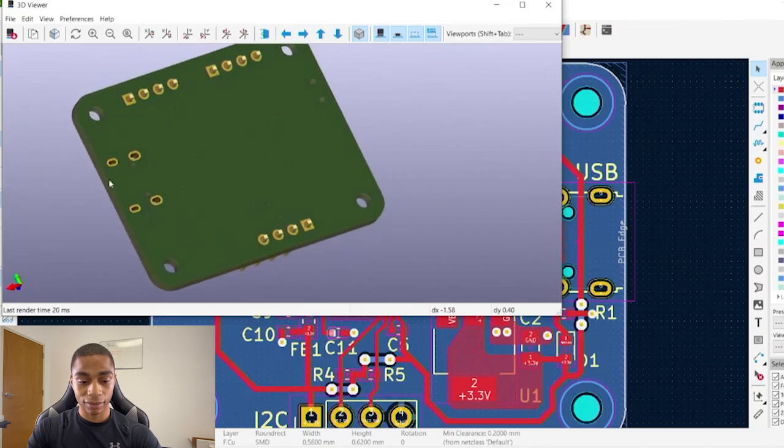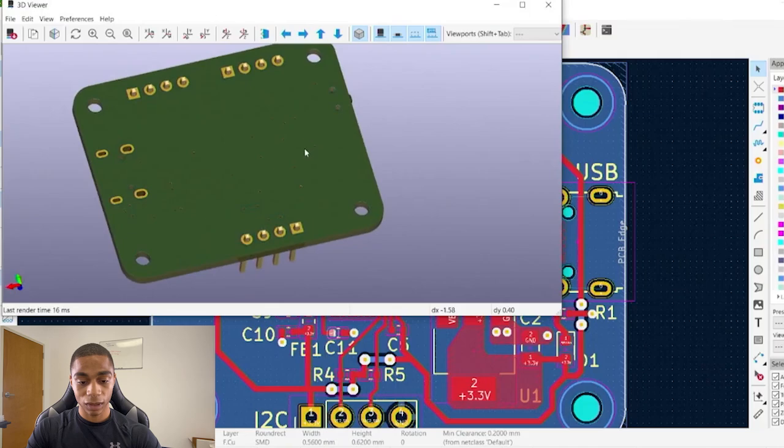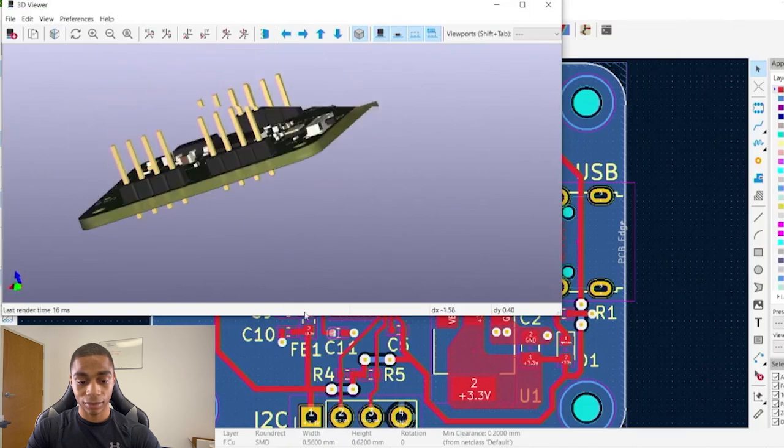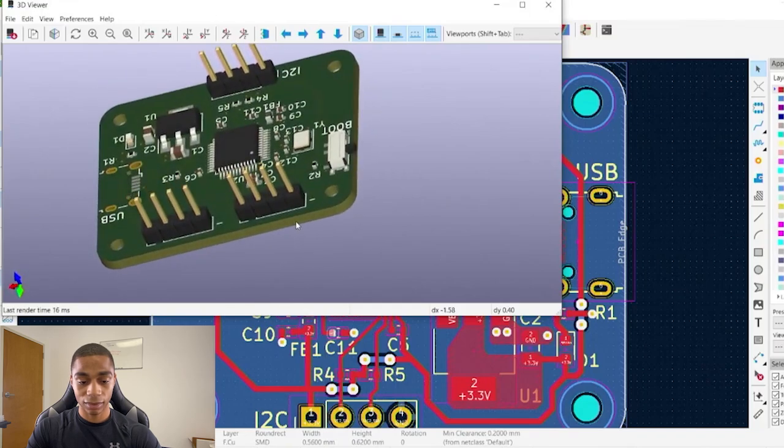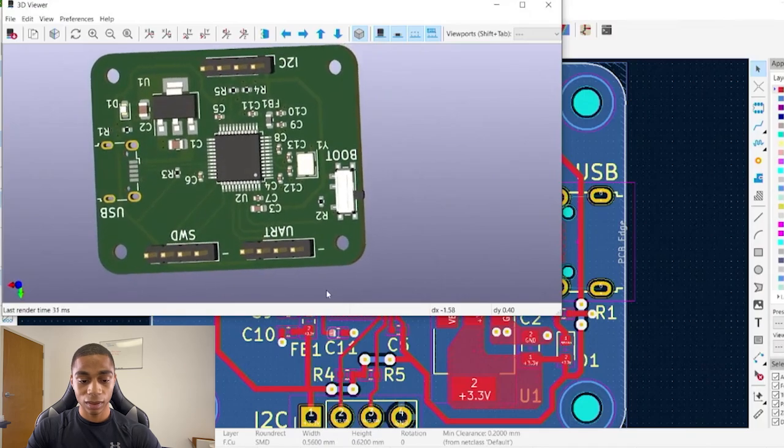So here's the back, and we already saw the front. Here's the front again. So the only other step after this will be to generate the Gerber file, send it out to any PCB designer of our choice, and then we can go ahead and get this physically in our hands.